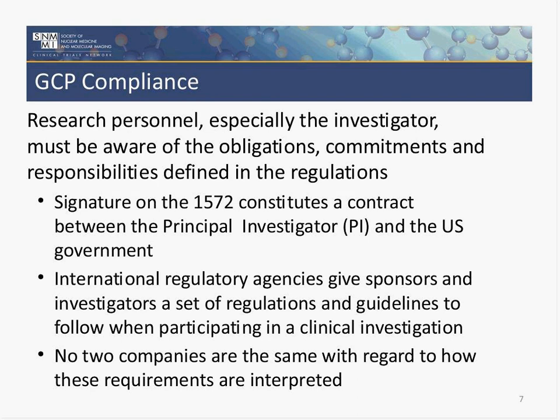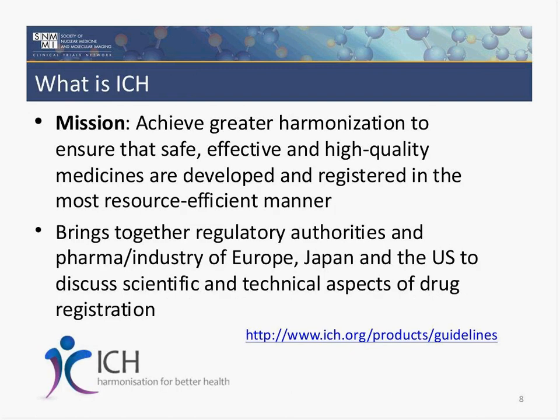The overarching regulation tells you what needs to happen in terms of being the rules for clinical trials. The ICH, the International Council on Harmonization, is the organization that has written the good clinical practices. The mission of the ICH is to achieve harmonization among people who do clinical research throughout the world.